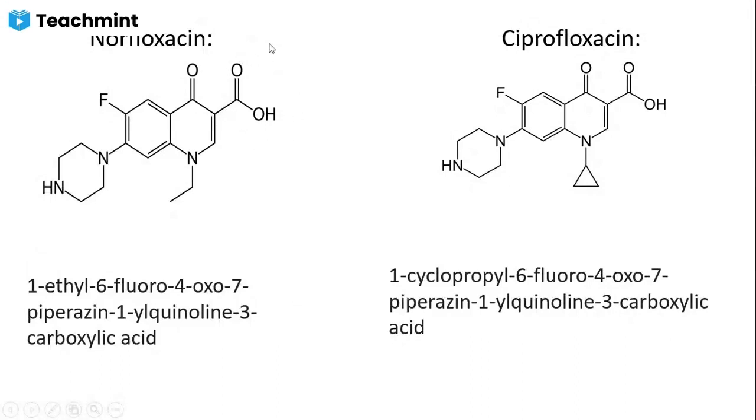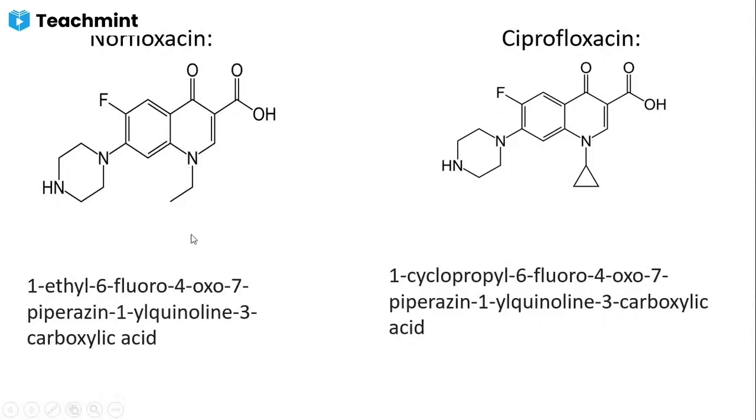Now this drug contains the acid. So we have to start from the acid, right? We have to give highest priority to the acid. So this is the quinoline ring, and the numbering of the quinoline ring starts from this nitrogen: 1, 2, 3, 4, 5, 6, 7, and 8. So this is the numbering of the quinoline ring.